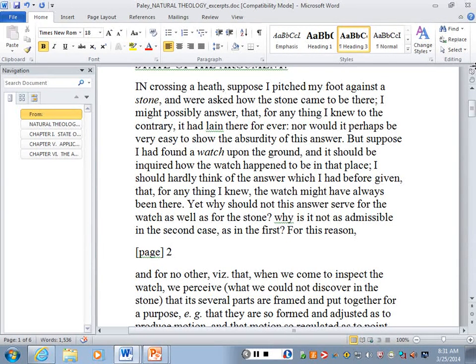It wouldn't invalidate our conclusion that the watch sometimes went wrong, that it wasn't perfect. Now, of course, Hume focuses on this because he says, well, wait a second. It does matter that nature is not perfect if you're using observations about nature to conclude that the designer of nature had to have been perfect.